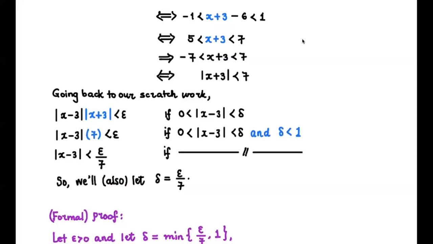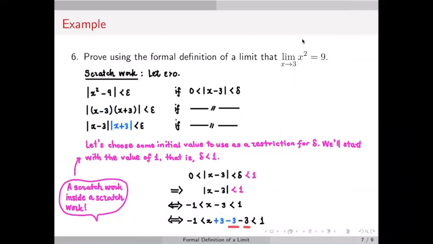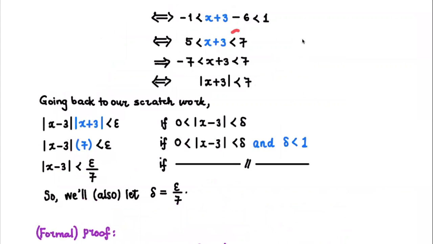We now obtain x plus 3, and then we add -3 and -3 to get -6. Then we transpose -6 to both sides, and we get x plus 3 is between 5 and 7. What we're going to do is, between 5 and 7, pick the bigger one.